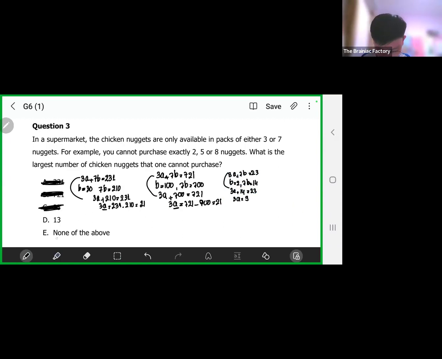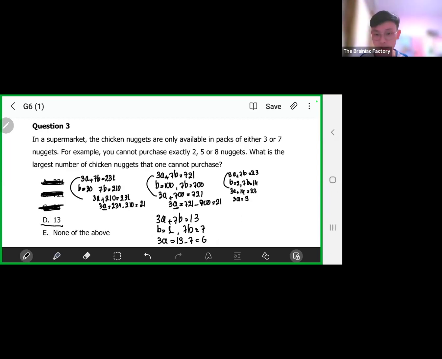Okay, let's move to the last one. If D is the answer, we're not going to do anything else, but if D is not the answer, it's going to be E. So 3A plus 7B is equal to 13. Let's guess B is equal to 1, so that 7B is equal to 7, and 3A is 13 minus 7, which is 6.